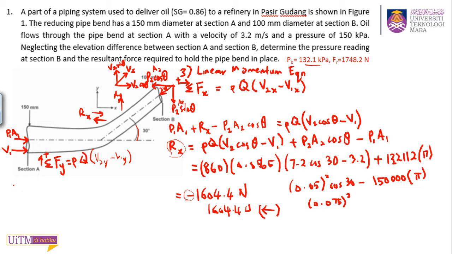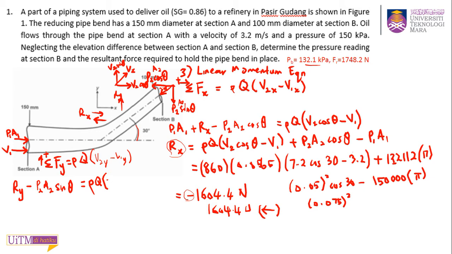So you can write your force only Ry because P2A2 sin theta is in the opposite direction to your reference axis. So that's why you minus P2A2 sin theta, and this equal to rho times Q. V2y is this one, V2 sin theta in the same direction.